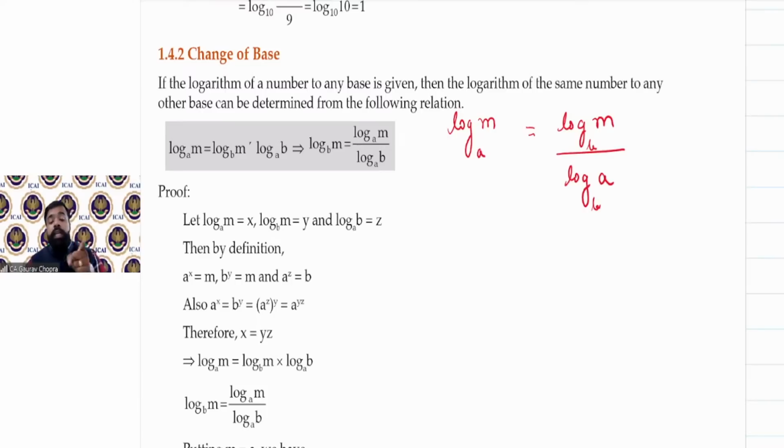Base will be same for both of them. So log m base b divided by log of a base b. This is the simple breakup property. So log m base a is equal to log of m base b divided by log of a base b.